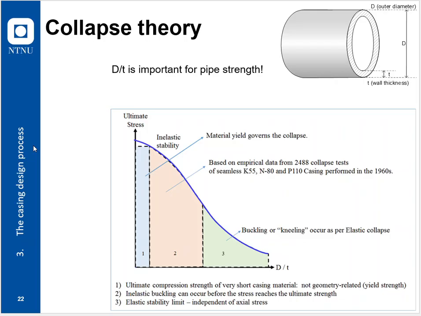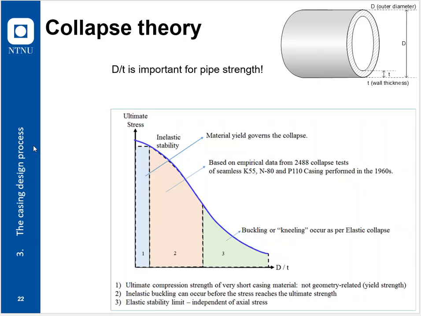Explaining the graph a little bit more, going vertical is the stress that the material can endure, and the x-axis is the ratio between the outer diameter and the wall thickness of the tubular that we are considering.